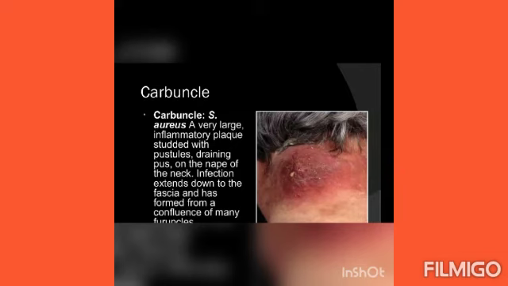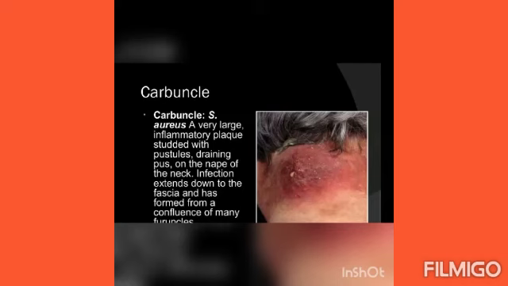Hair follicles provide the usual pathway of drainage, and the numerous sieve-like openings and drainage of pus are the characteristic feature of carbuncle. So in this picture you can see numerous sites where there is a leak of pus. Okay, numerous pinpoints of pus will open in case of carbuncle.